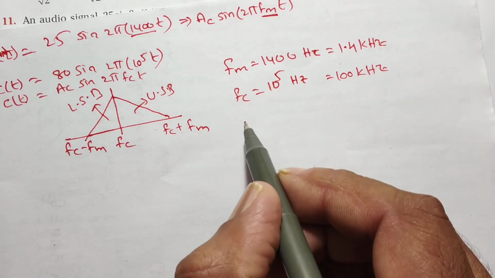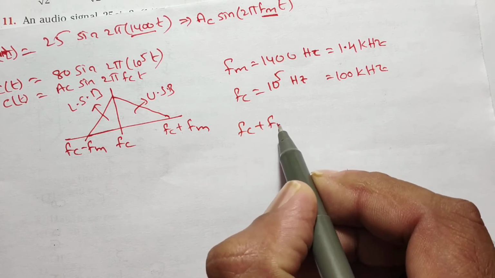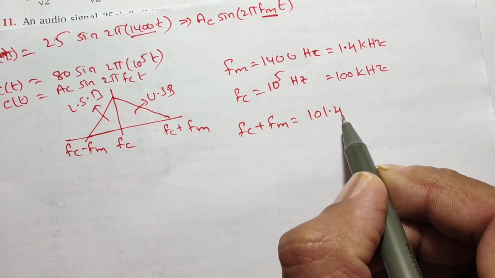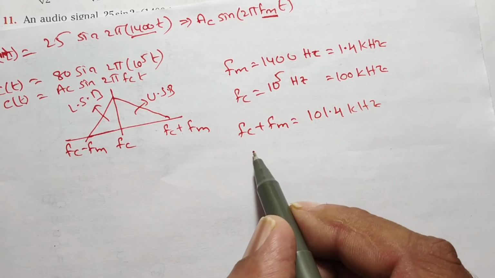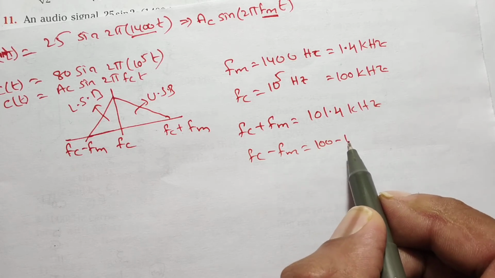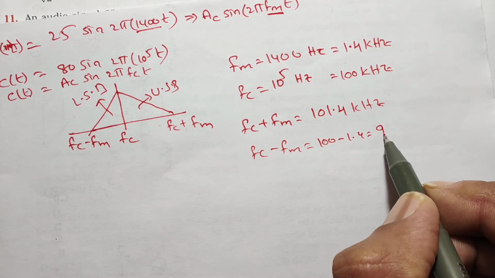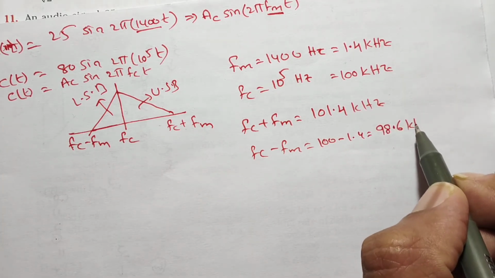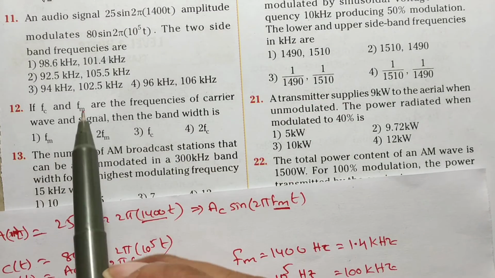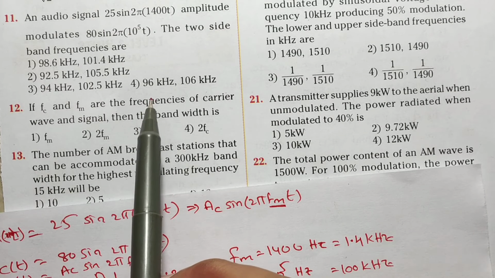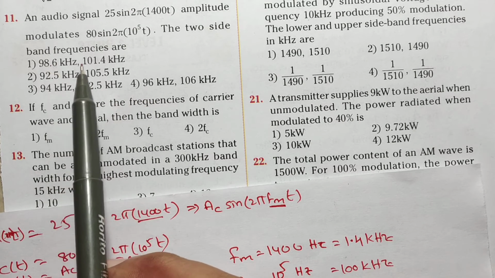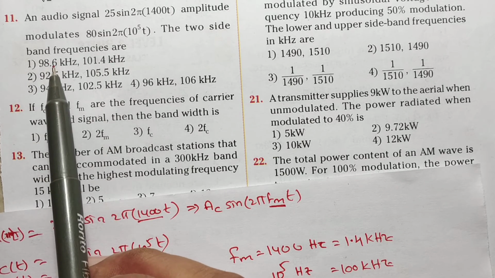FC plus FM is equal to 100 plus 1.4, that means 101.4 kilohertz, and FC minus FM is 100 minus 1.4, that means 98.6 kilohertz. 98.6, 101.4. The first option is the correct one.